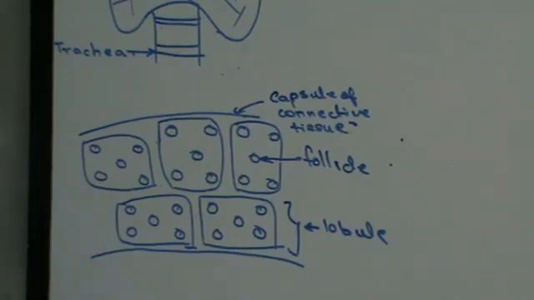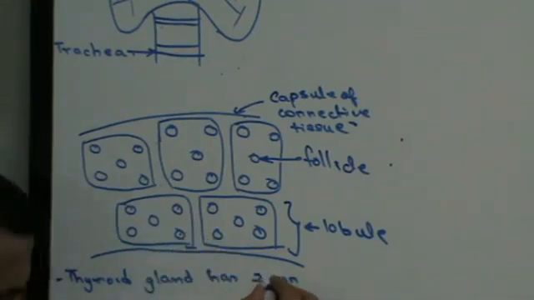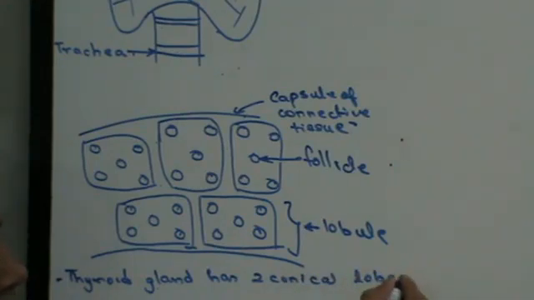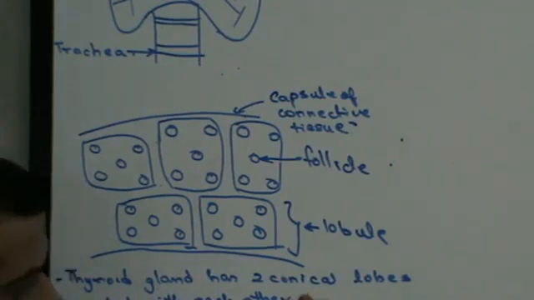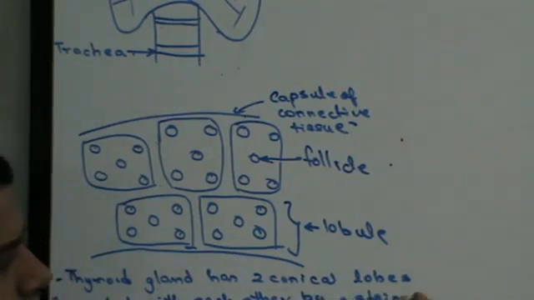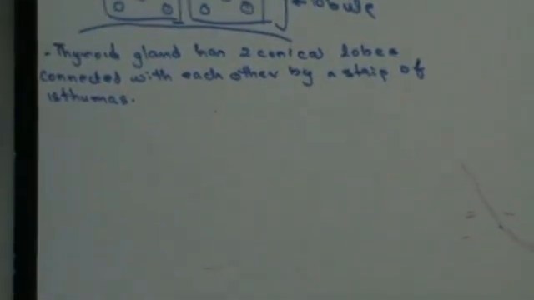Now, I can say that the thyroid gland has two conical lobes connected with each other by a strip of isthmus, right?